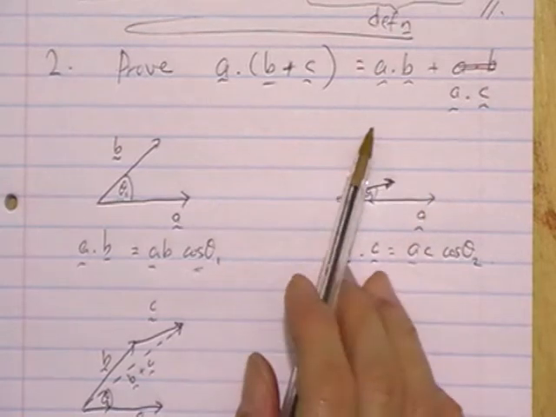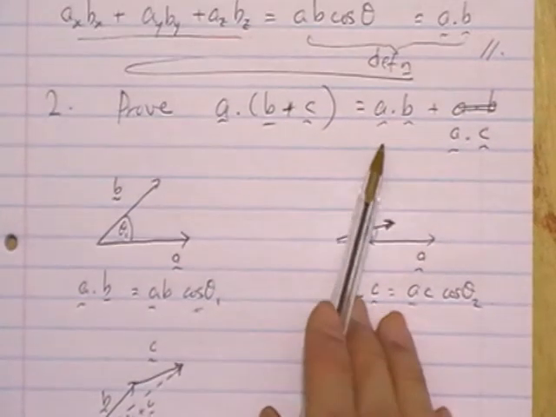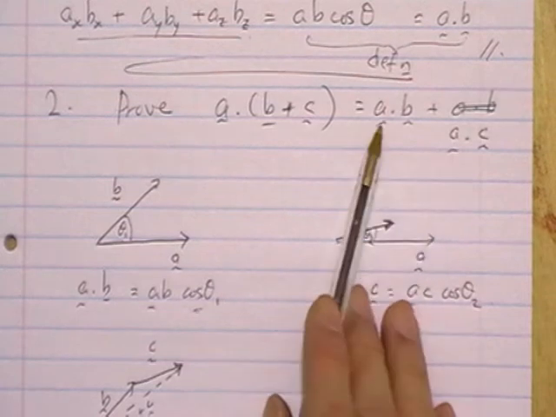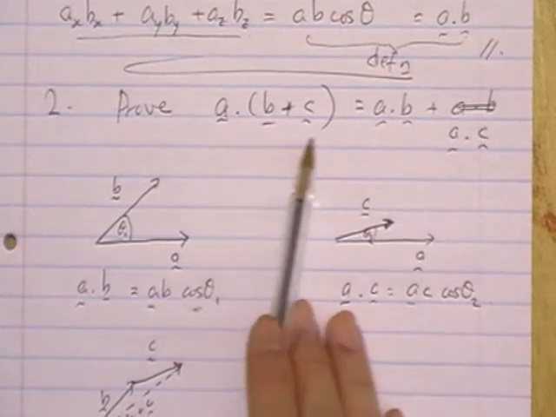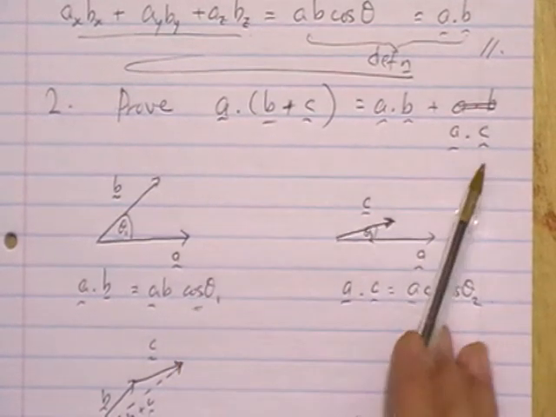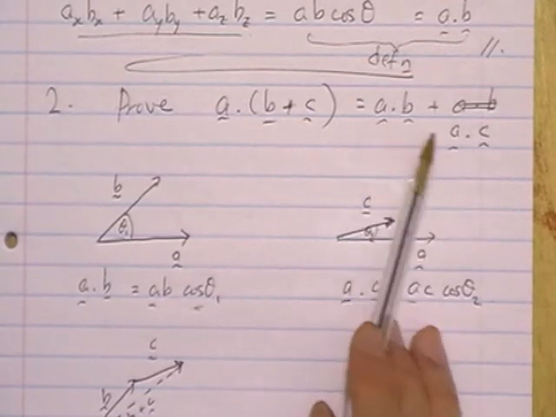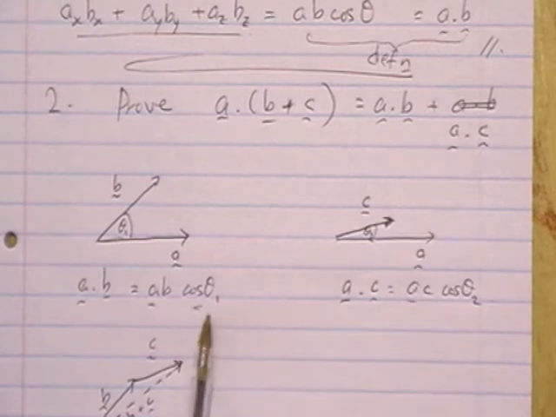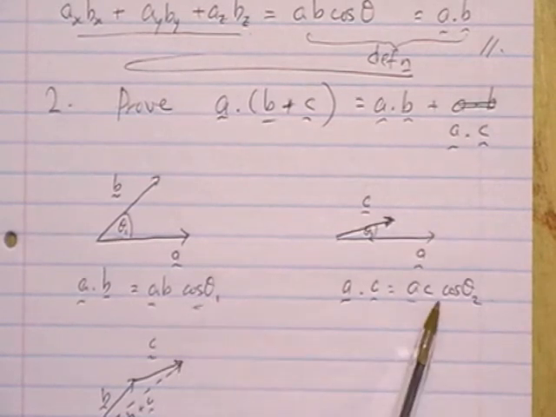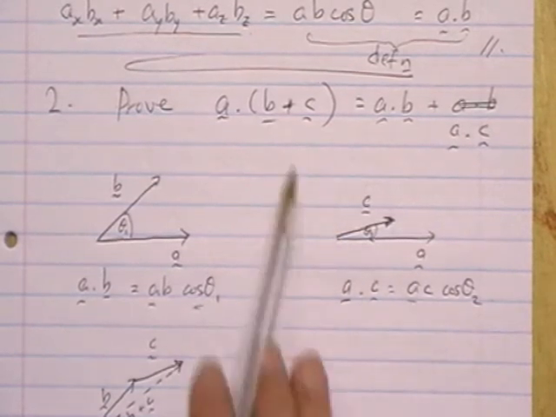Now if we look at this equation that we want to prove, on the right side I have this plus this, which is that plus that, and on the left side I have that.